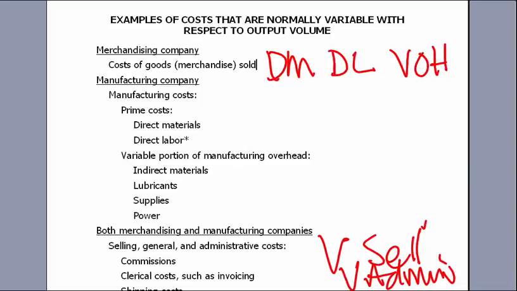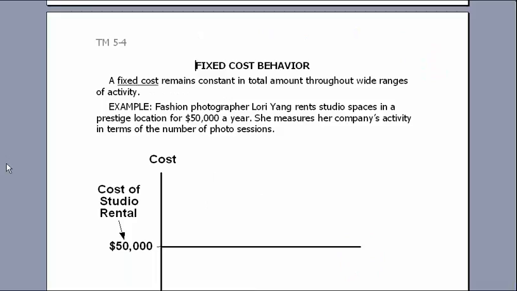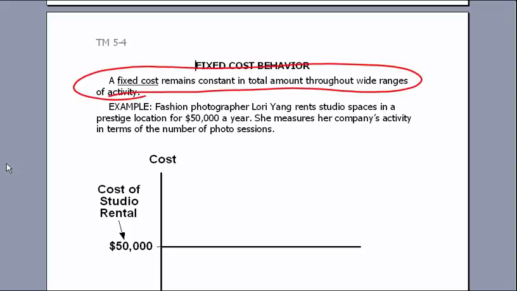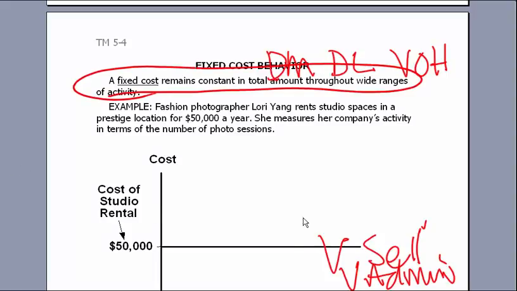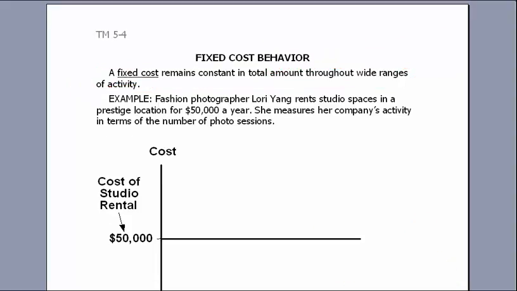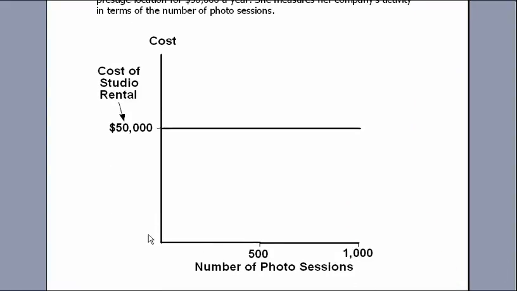The counterpart to this then is a fixed cost, and a fixed cost remains constant over different levels of activity. So for example, if we have $50,000 as the rent on a building, and we don't make any parts, this happens to be photo sessions, so if we don't have any photo sessions, we owe $50,000 for the rent of the building because we signed the contract.